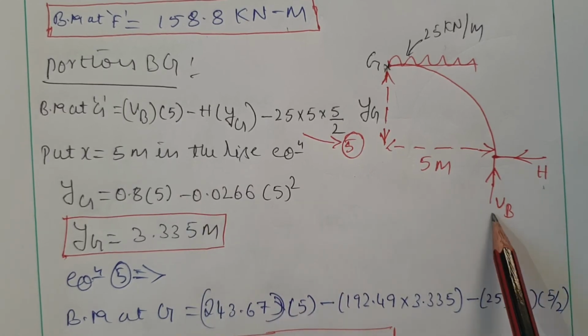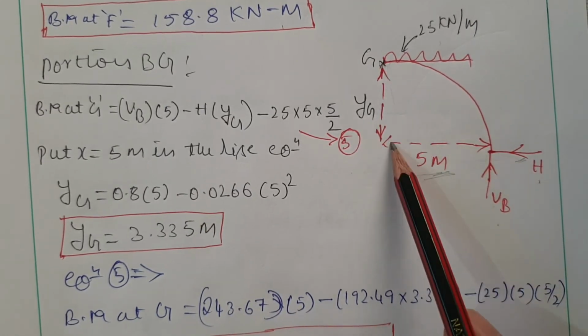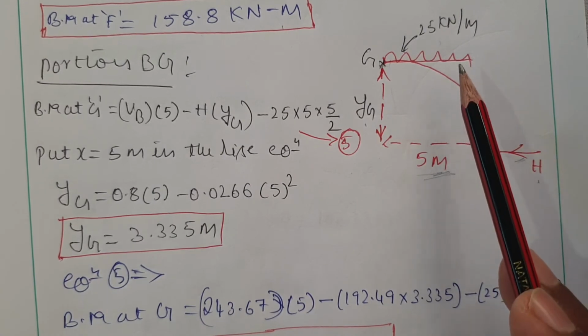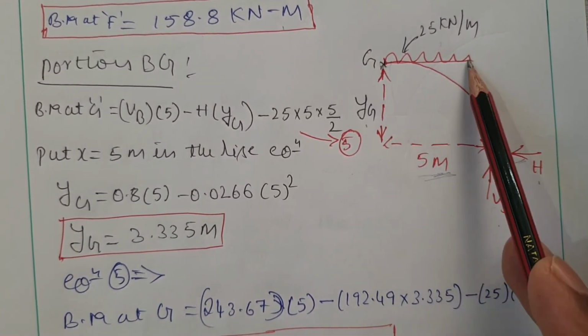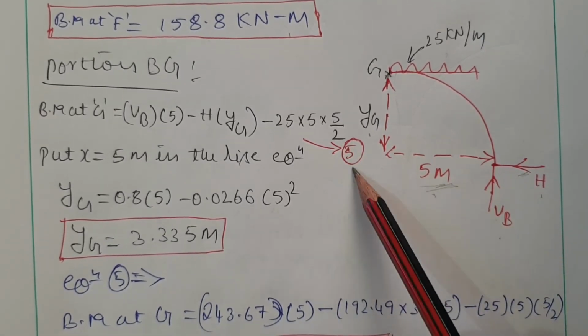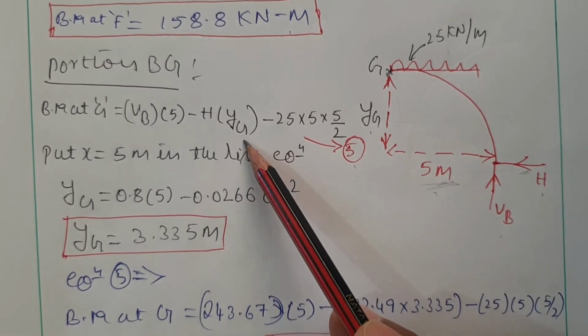VB multiplied by the perpendicular distance of 5 meter, H multiplied by the perpendicular distance YG, but it is negative because it is horizontal. UDL negative because it is acting downwards: 25 into 5, and its perpendicular distance is 5 by 2. Okay, I am considering this as equation 5, and the unknown in equation 5 is YG.